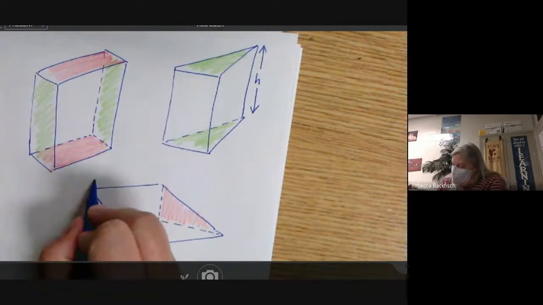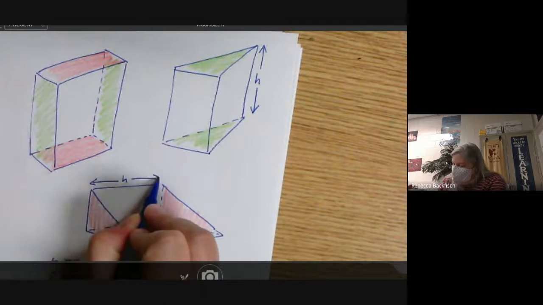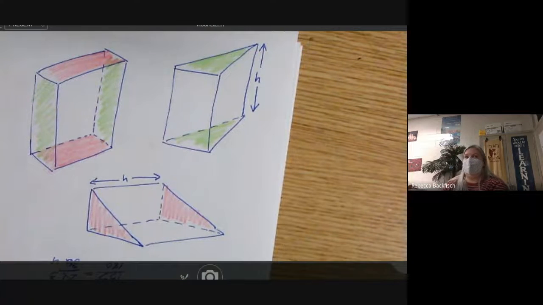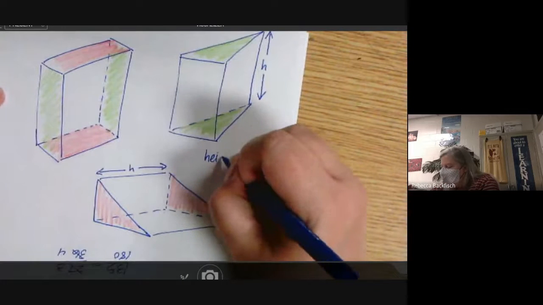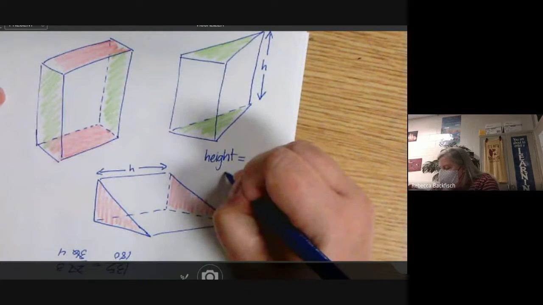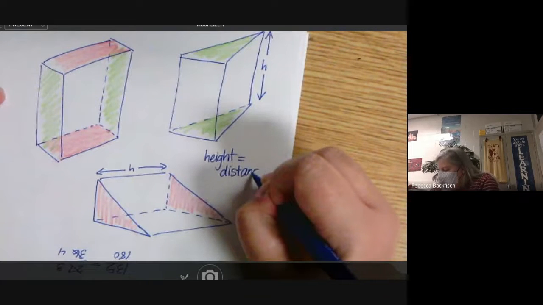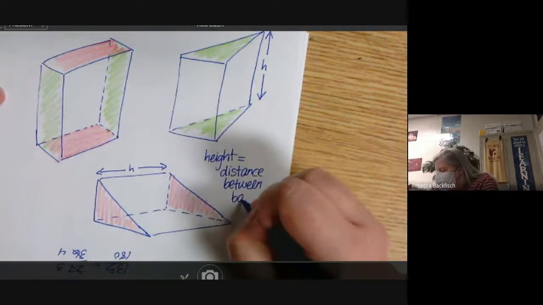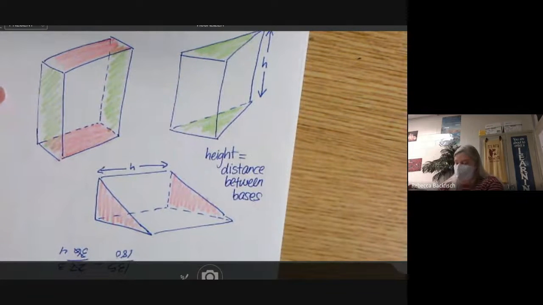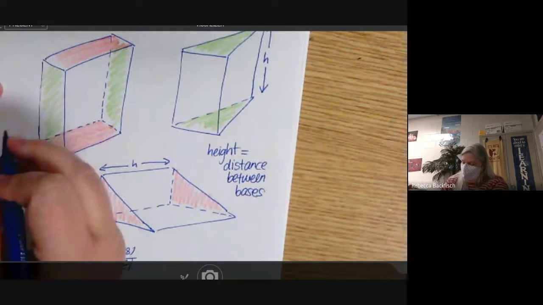So here, this would be my height. When we talk about the height of a prism, we're basically saying distance between the bases. It does not have to be up and down, because the bases don't have to be top and bottom.